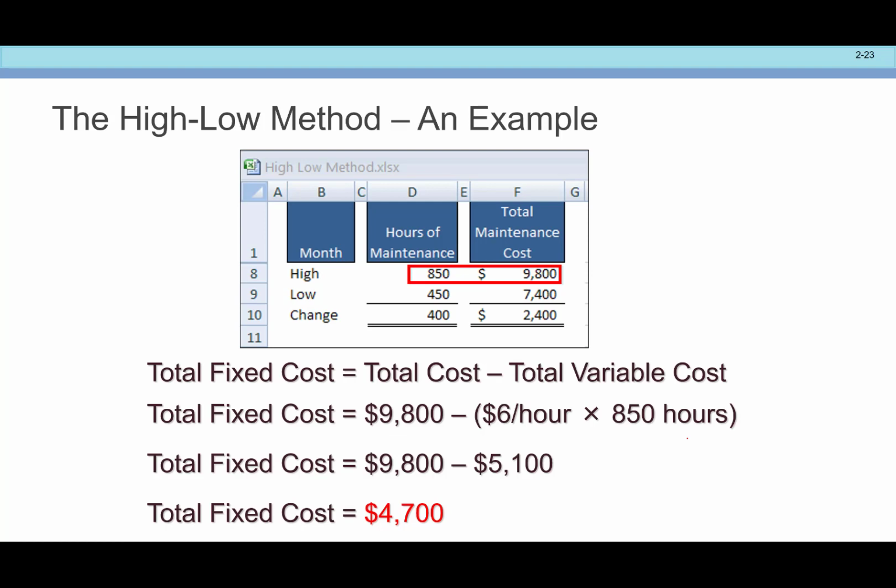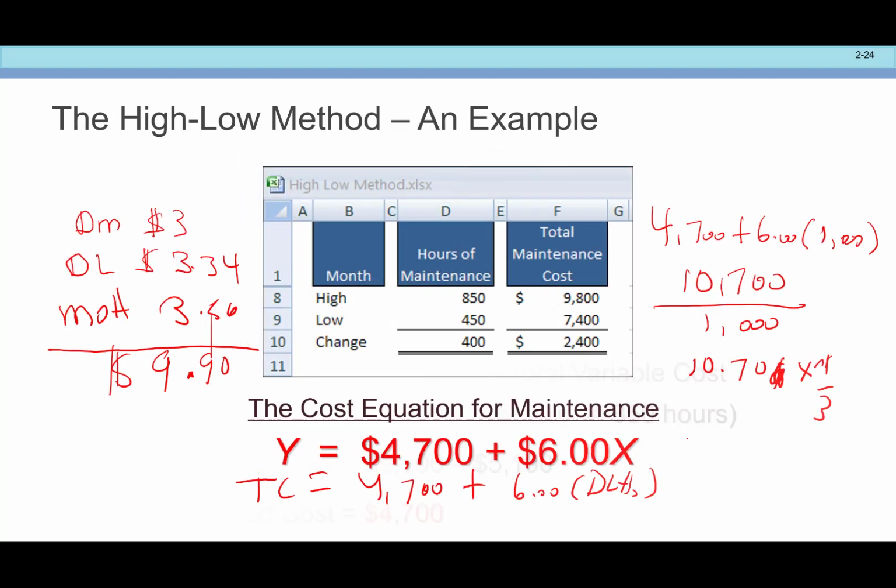Total cost at that level of activity, minus the variable cost per unit times that level of activity, which is the variable cost. The difference is, presto, fixed cost, right? So now that I know what my fixed costs are, I can set this equation up by saying that my total cost will be equal to the 4,700 fixed cost plus, down here at the bottom, $6 per unit times whatever my driver is.